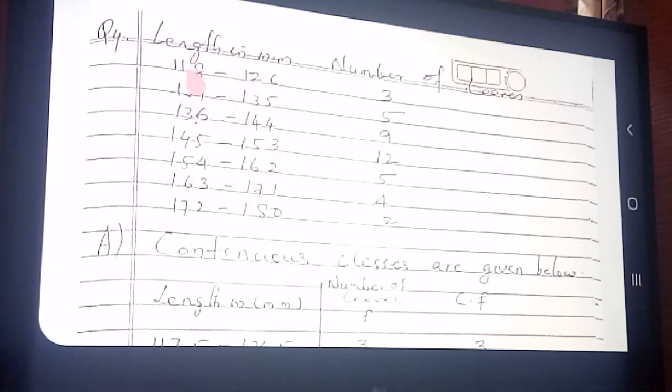See here, 118 to 126, 127 to 135, 136 to 144, etc. What's the difference in this one? In this table, you find out by yourself. I will give you 1 minute, you find out what's the difference in this table compared to the previous tables.